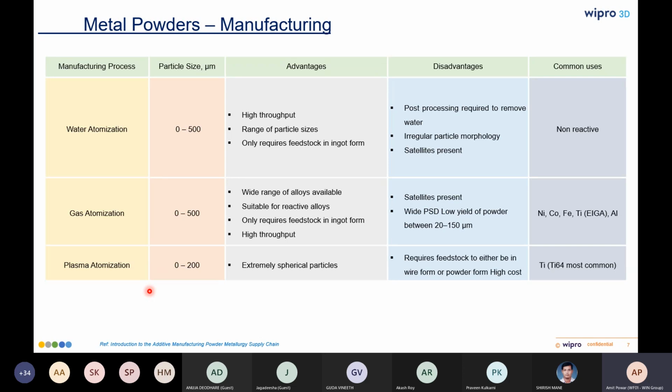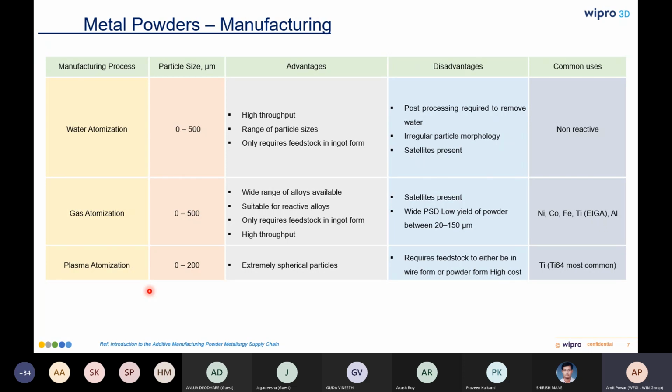Then gas atomization: here again, a wide range of alloys is available to process through gas atomization. It is also suitable for reactive alloys. Water atomization is not suitable for reactive alloys, but gas atomization can be employed. It only requires feedstock in ingot form, and also has a high throughput.